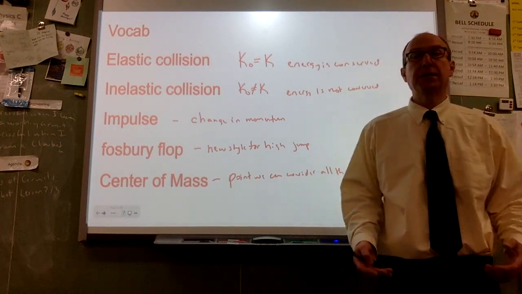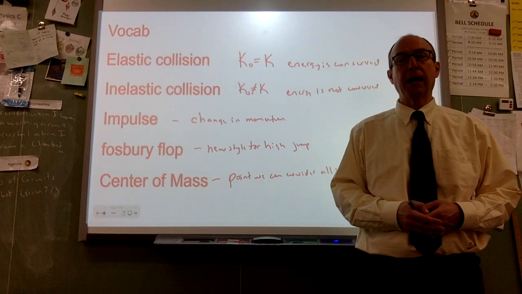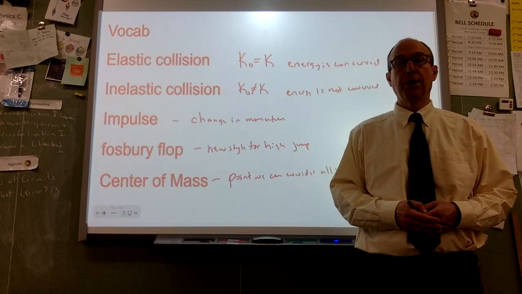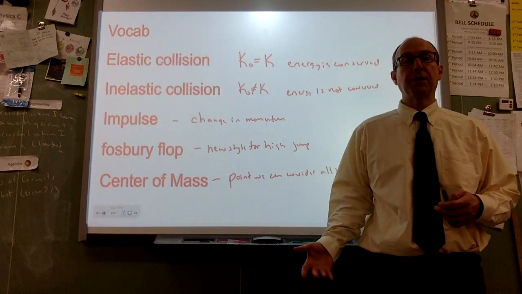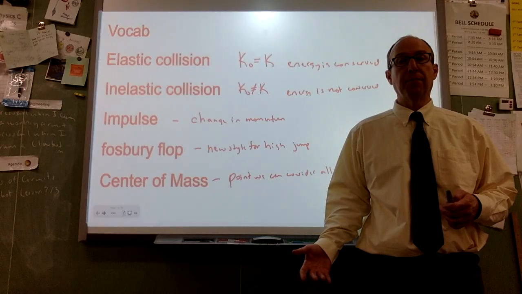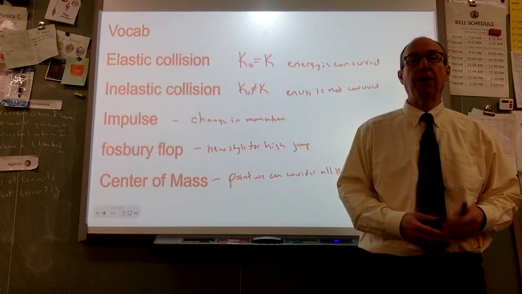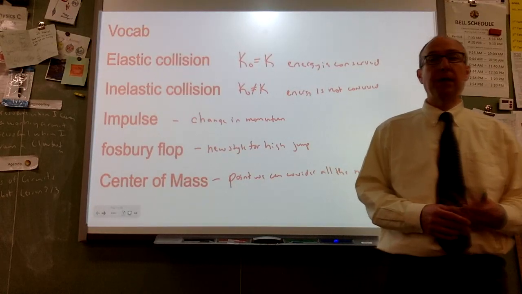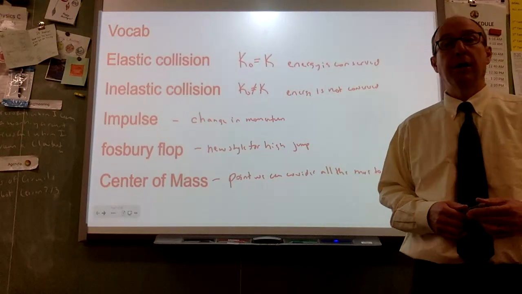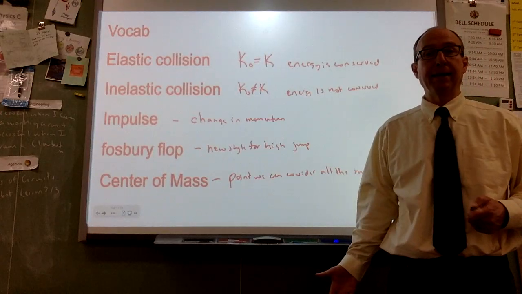So we've done this indirectly already a couple times when we talk about the force of attraction between us and the Earth. We consider the mass of the Earth to be dead center of it. So we could say that all of the mass, all 5.98 times 10 to the 24 kilograms, is all at that point.